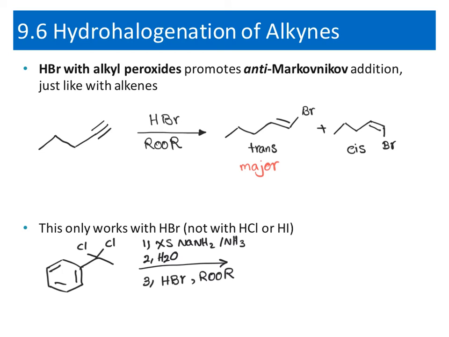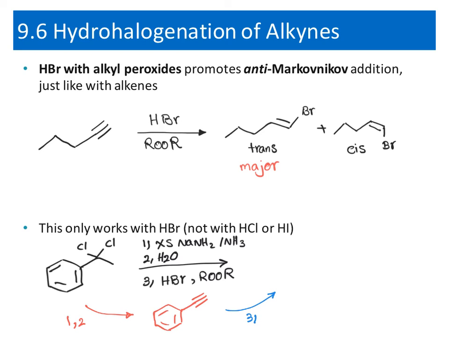If you remember from the previous video, while we were making alkyne, when we use excess sodium amide, we are going to do elimination twice on a dihalide molecule to form the alkyne. So steps 1 and 2 give us this alkyne.